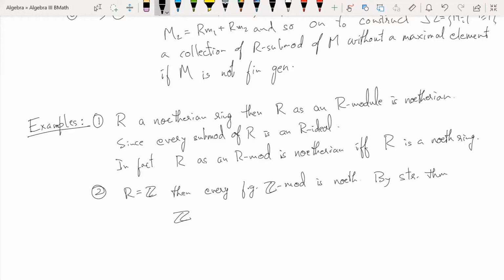But this looks like Z^r plus Z mod something, plus some finite, plus M, where M is a finite abelian group.